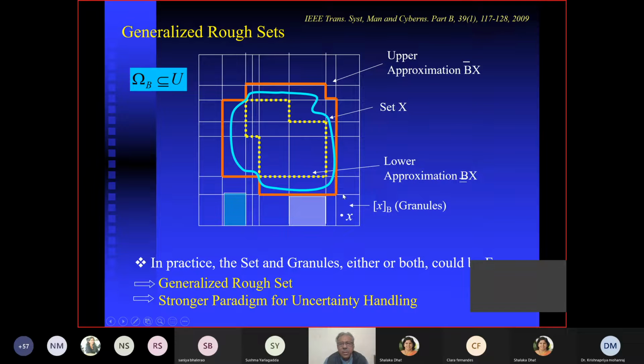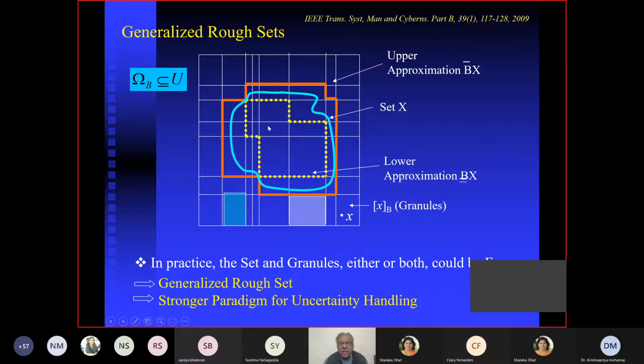So now I'll show how fuzzy sets can be incorporated in the set theory, so that instead of a crisp set, I call it a fuzzy set. Similarly, if the granule is a crisp granule, I can call it a fuzzy granule. So I will see if both of them are fuzzy or one of them is fuzzy, how do they behave? This is very important.